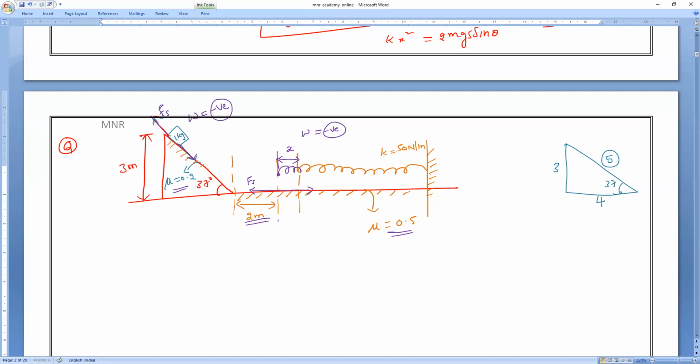So which formula? Friction is a non-conservative force. So which formula do we use? Work done by external force plus work done by non-conservative forces, that is friction, equals final mechanical energy minus initial mechanical energy.